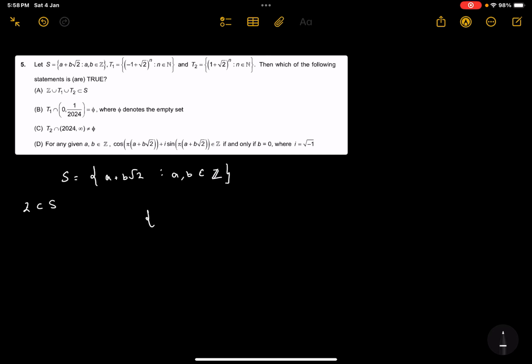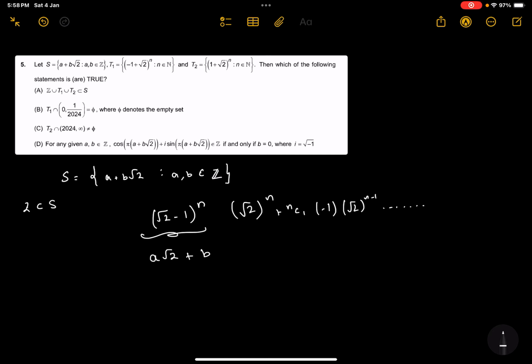Then T1, it's the set of all the positive powers of root 2 minus 1. So obviously in its expansion we will have terms of the form a root 2 and a root 2 plus b only, because its expansion would be root 2 to the power of n, minus nC1, and so on up to minus 1 to the power of n.